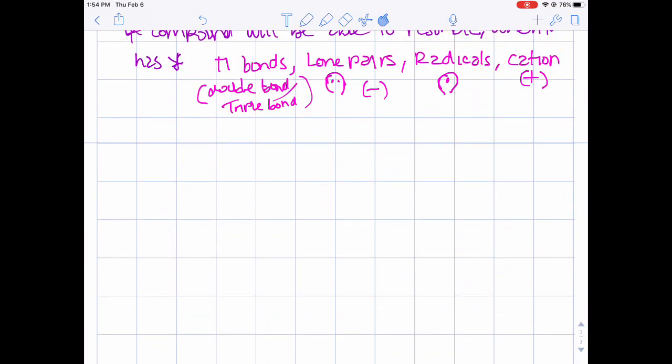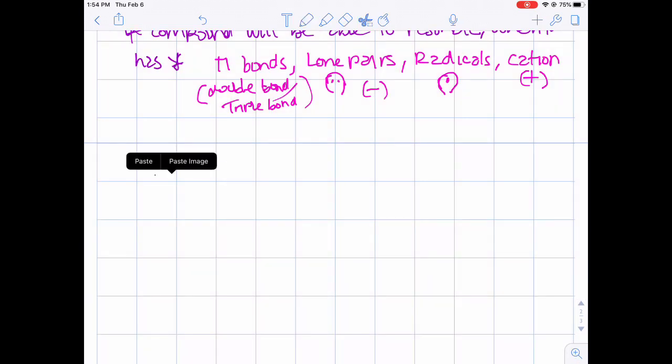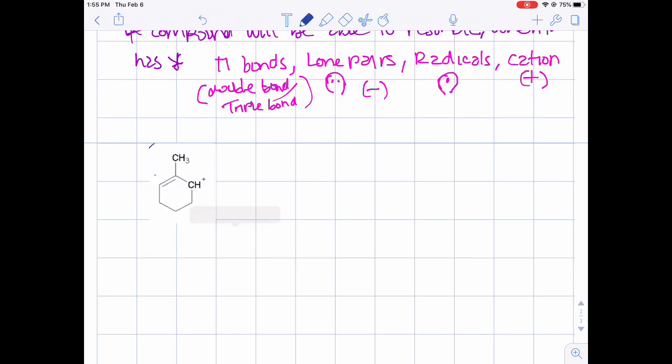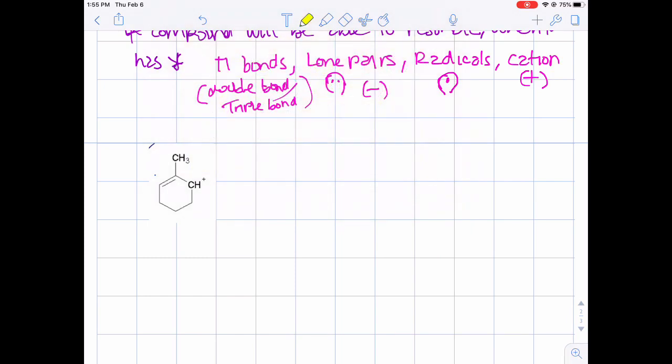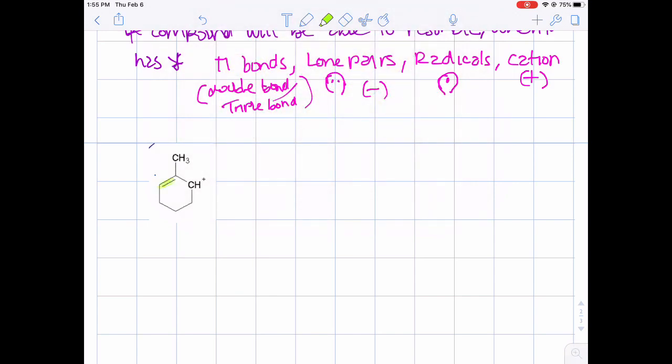Okay, so let's basically look at an example where something is able to experience conjugation, right? If you have something that looks like this, we know it will be able to resonate, will be able to experience conjugation, because first we see that this right here can resonate, and this right here can also resonate.